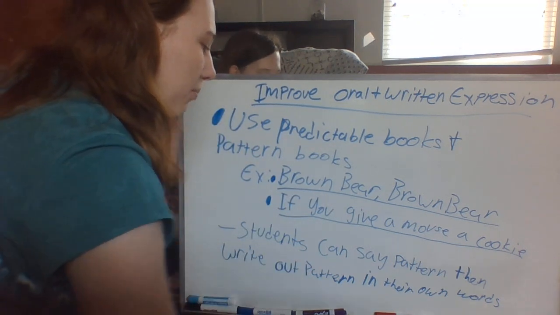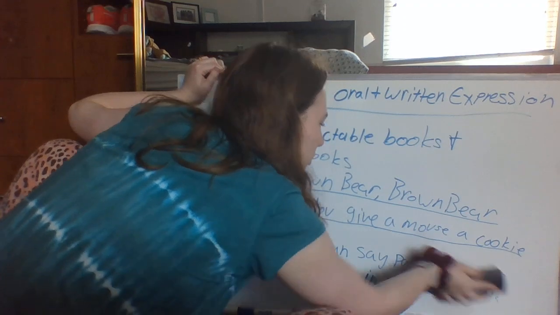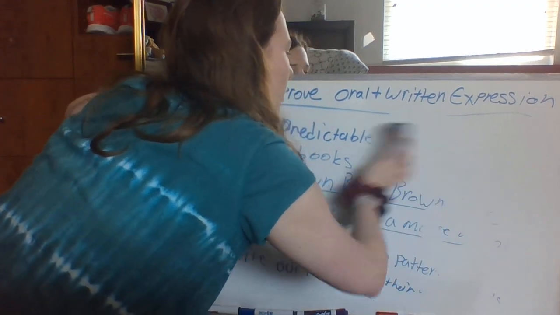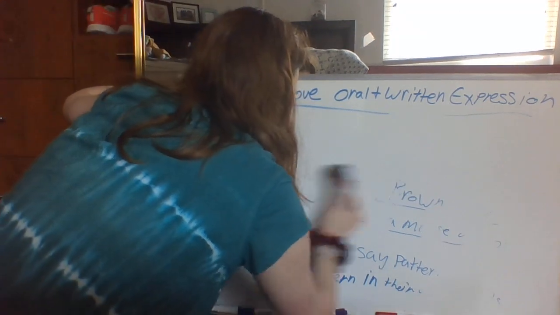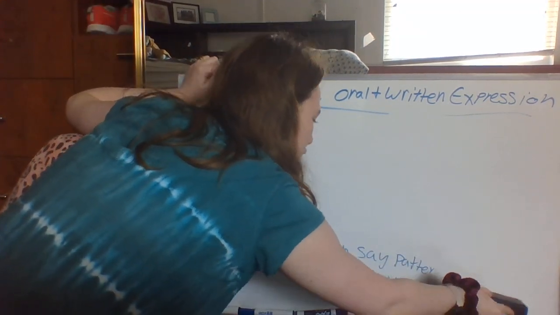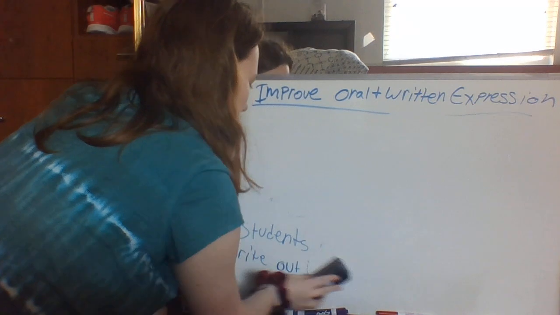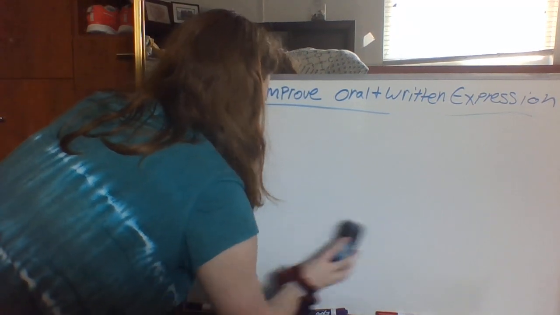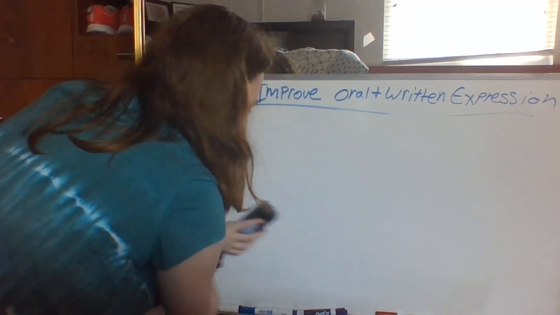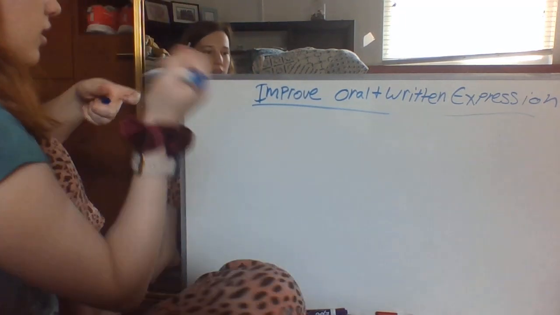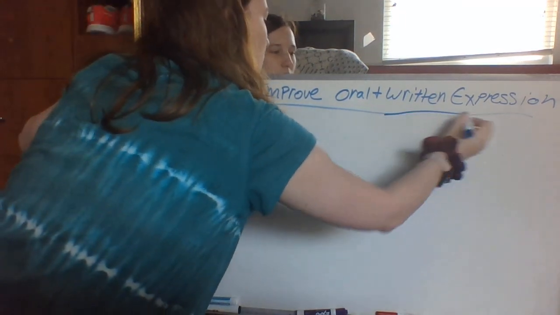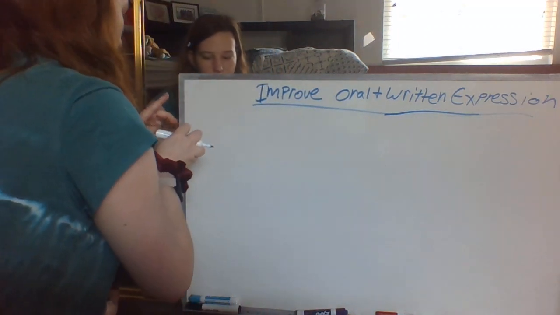So I guess just to kind of show you what teachers should be modeling, or you as a teacher should be modeling, excuse me, I'm stretching out here. Let's say I'm using the brown bear segment.